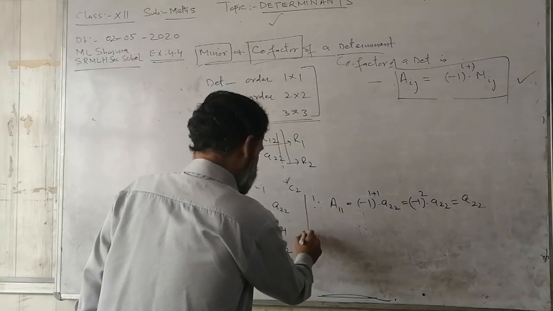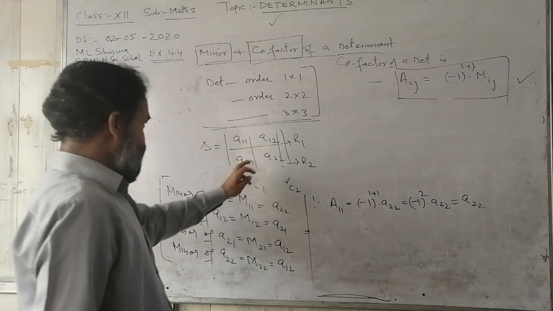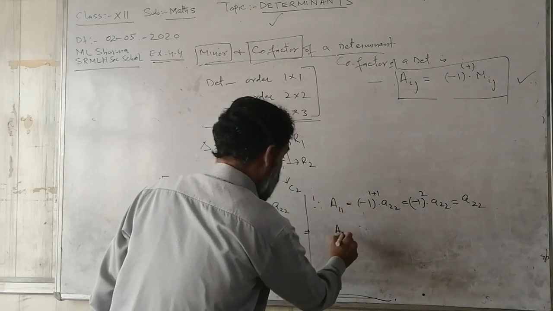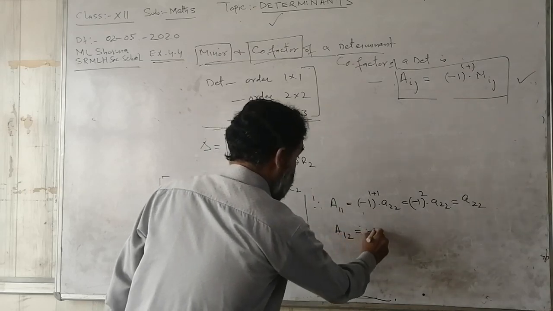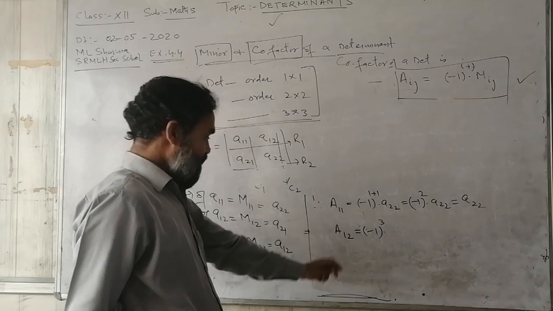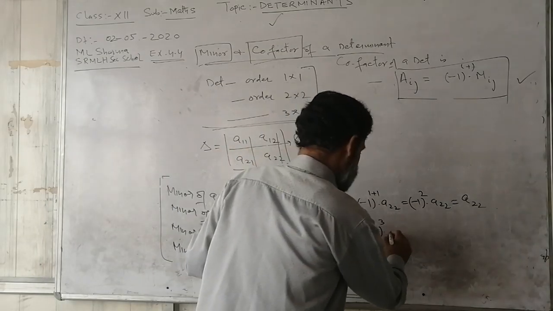If I have to find the cofactor of this element, this will be A12, again (-1) to the power 1 plus 2, which is 3, into the minor of this element, that is M12.